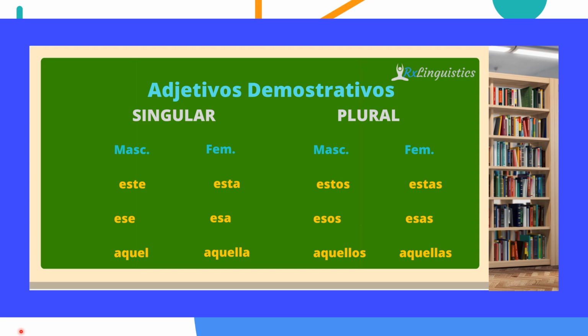So there are three concepts: here, there, and over there.